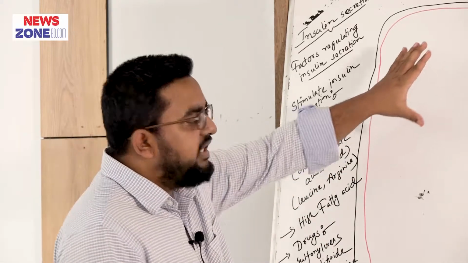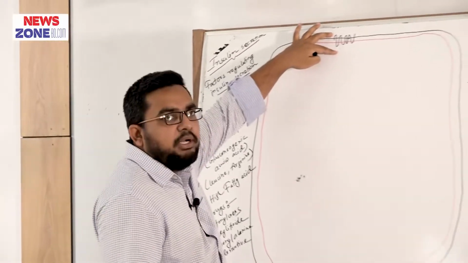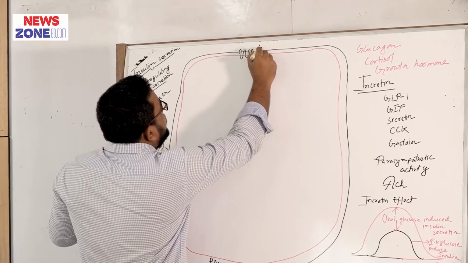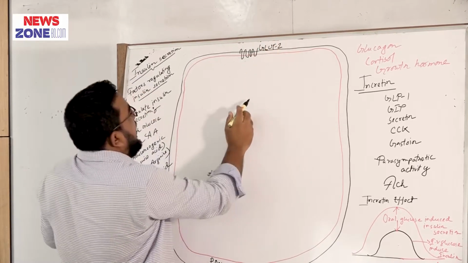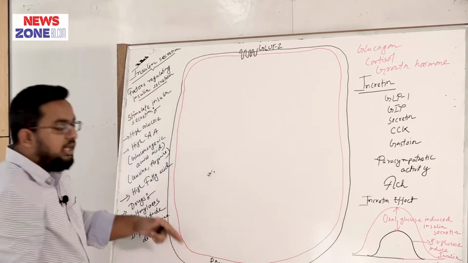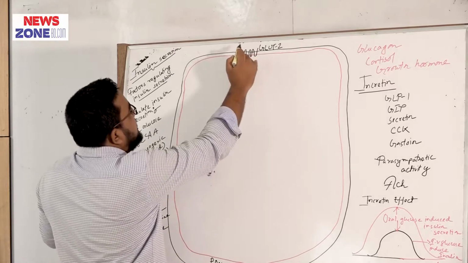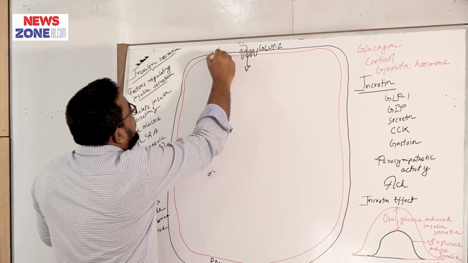This is the pancreatic beta cell, and it has a transporter called GLUT2. This transporter is present on the surface of the pancreatic beta cell and is responsible for entry of glucose into the cell.